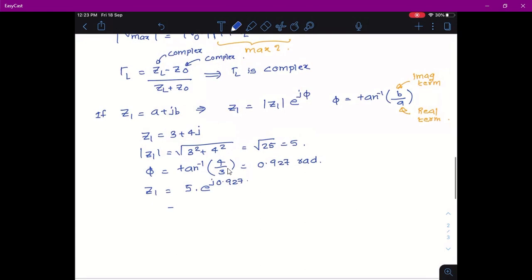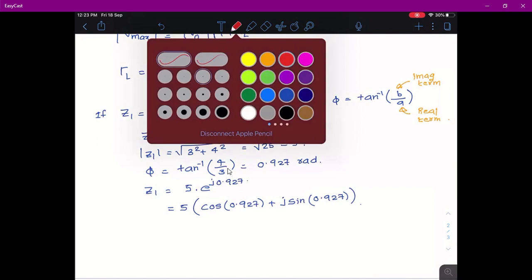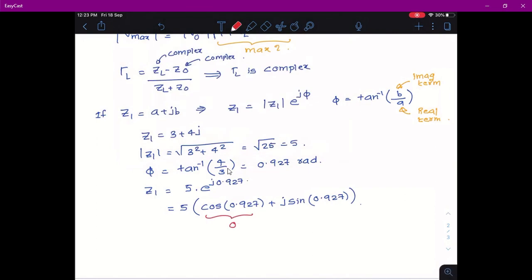If I expand this, this is 5 into cos 0.927 plus j sin 0.927. Now, cos 0.927 is 0.6 and sin 0.927, which is in radians, is 0.8.